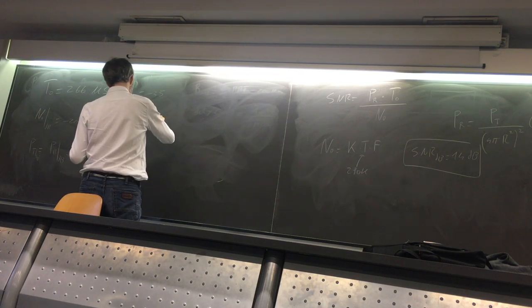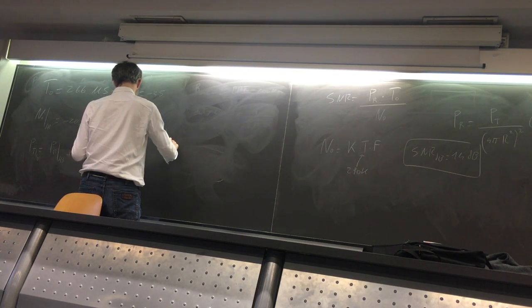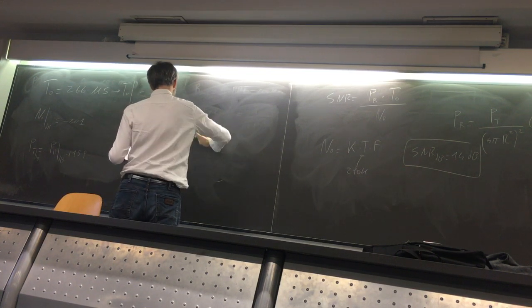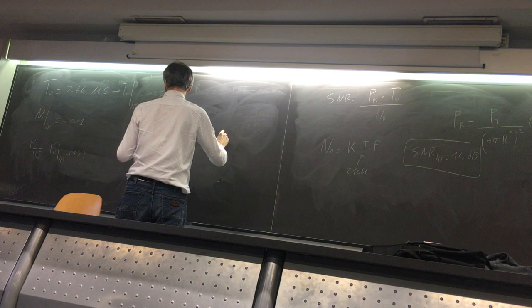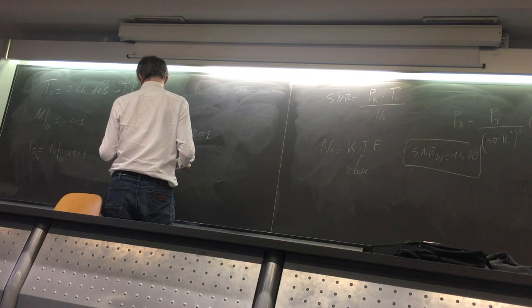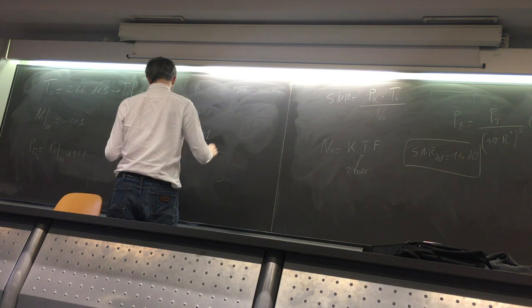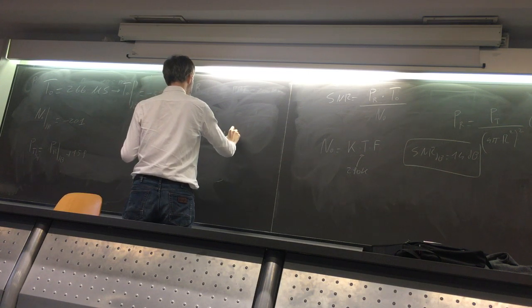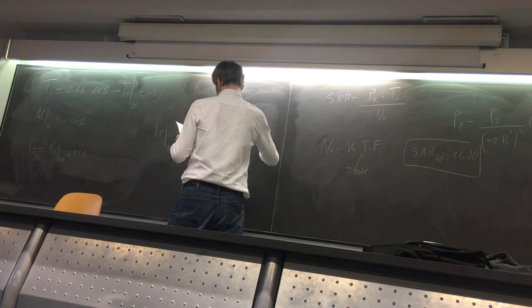And so when you put all of this together, you get that the transmitted power in dB is equal to minus 201 plus 125 plus 35 plus 14.